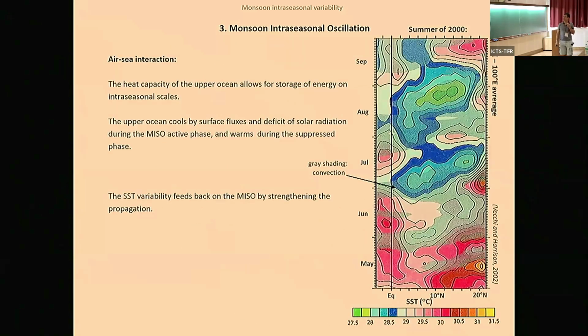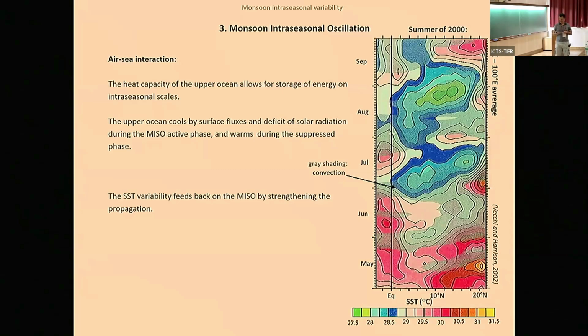Now, I wanted to touch a little bit on the interaction with the surface, in part because there is a quite significant signal, and also because there might still be some ideas that the interaction with the surface is actually a driving force behind this northward propagation. There were early ideas by Webster and others considering that it was really the interaction between land surface and the atmosphere that were creating that northward propagation.